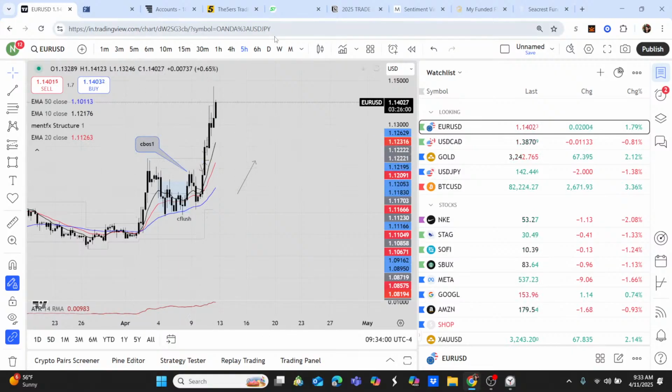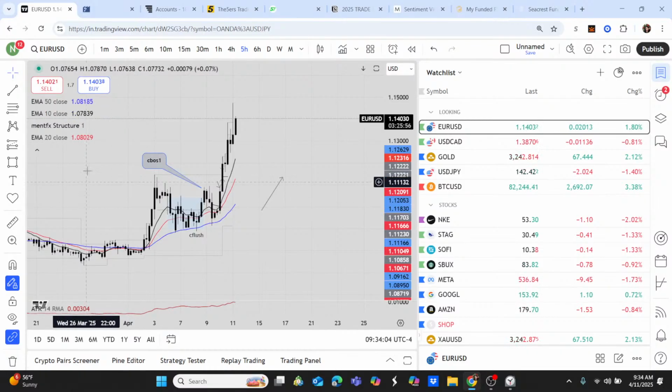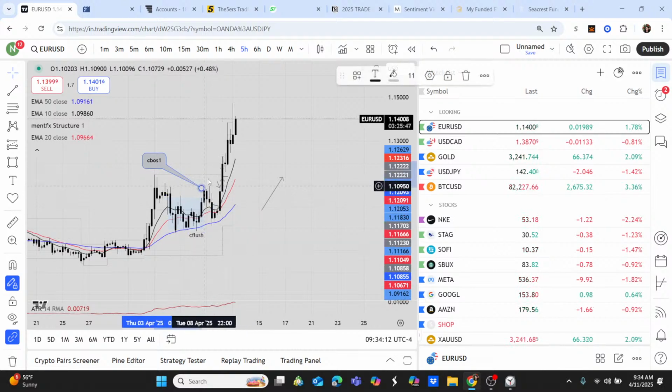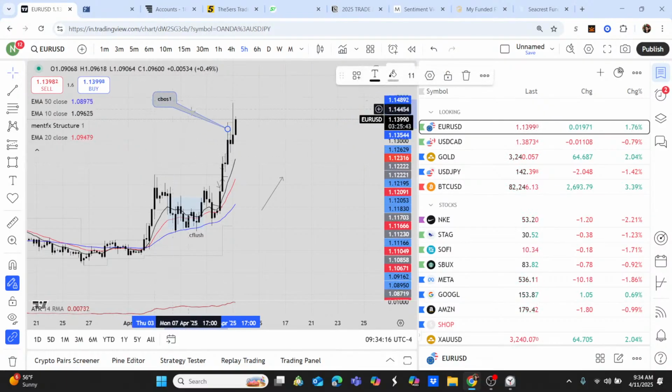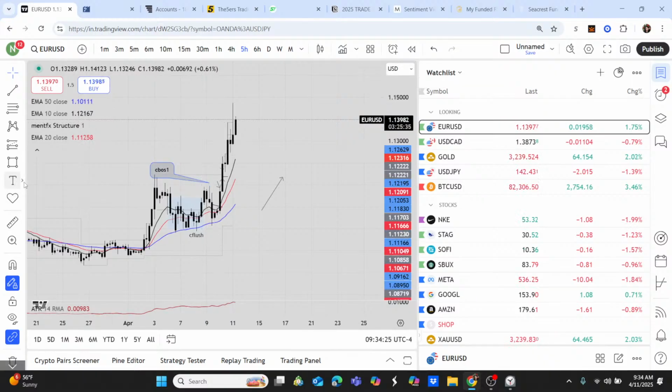So what we have here is a cycle happening. We have price flushing, and we created the first breaker structure right here, or you can consider this the first fractal breaker structure. But this one's still good right here. You use this one. That's the first one.